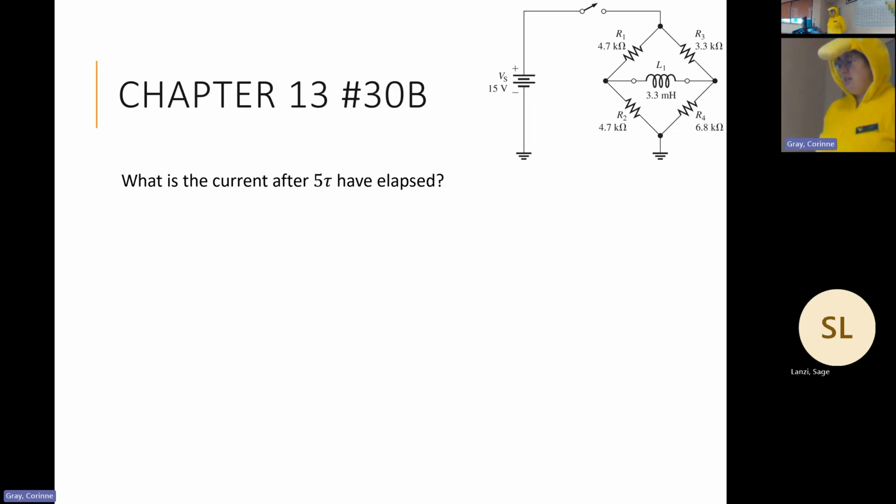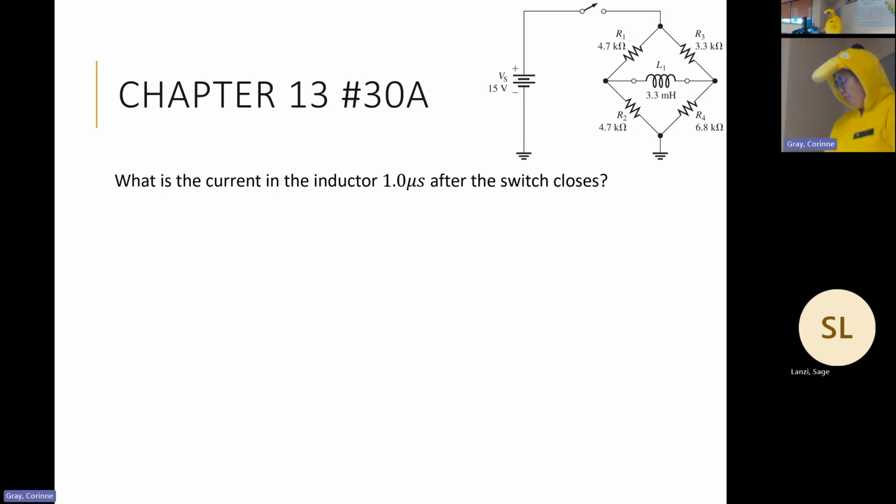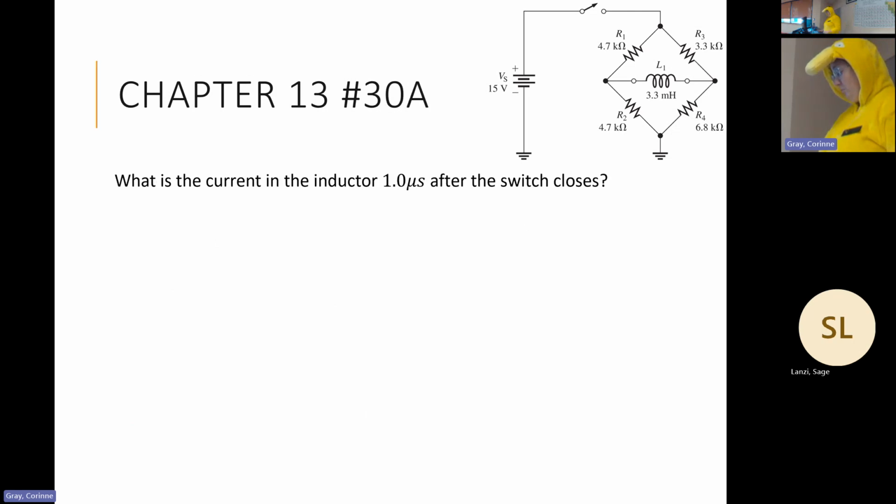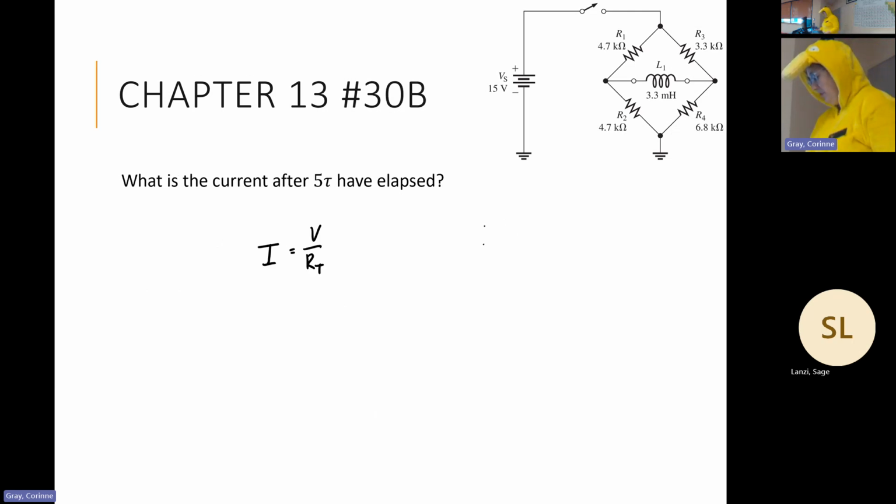And so what we need to think about, right, we're going to have I is equal to V over RT. We already know RT, right? If we go through and look at this here, I plugged it in like this. I'm just going to write out what RT is in terms of numerical values and find it again.